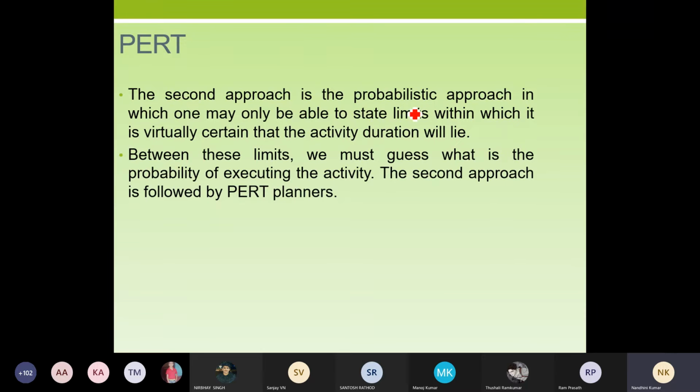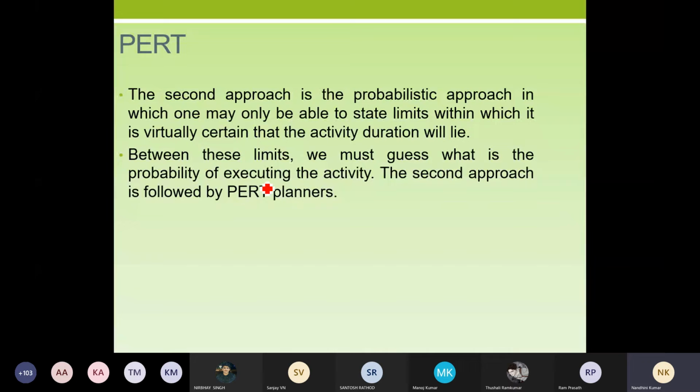The second approach is the probabilistic approach, in which one may only be able to state limits within which it is virtually certain that the activity duration will lie. Between these limits, we must guess the probability of executing the activity. So we are going to check whether this activity is feasible or not.